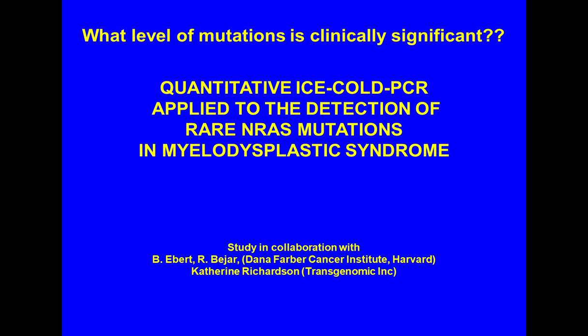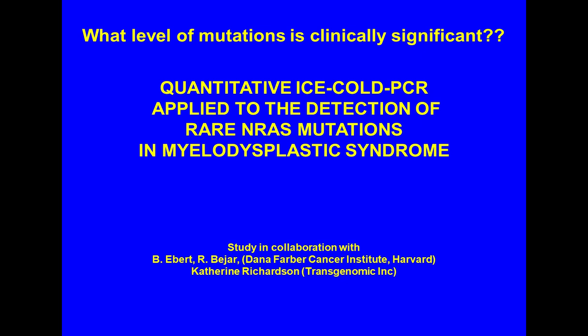So in this study, we asked the question, what level of mutations is clinically significant in the particular case of myelodysplastic syndrome? So that's a collaboration we did with Ben Ebert and Raphael Bejar here at Dana-Farber and with Catherine Richardson at Transgenomic. We wanted to see if low-level NRAS mutations can predict who will recur and who will progress to leukemia, which is a common development of myelodysplastic syndromes.